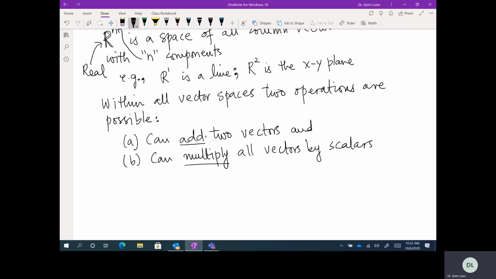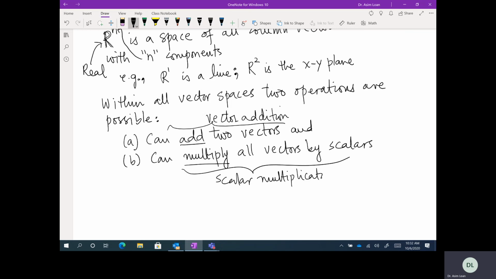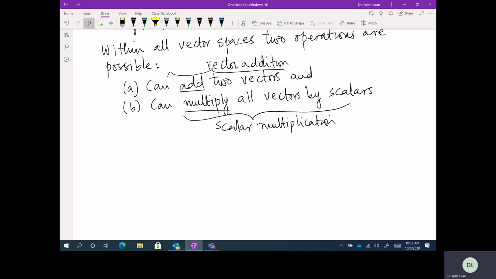So the first one is vector addition, and this one is scalar multiplication. What we are doing here is taking all linear combinations.